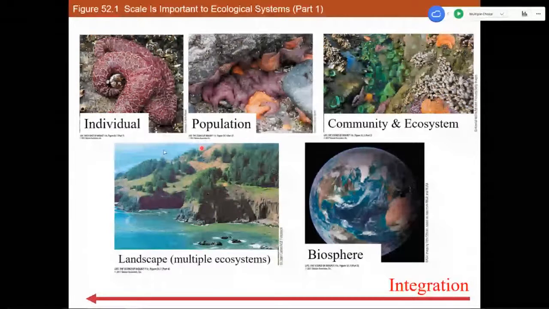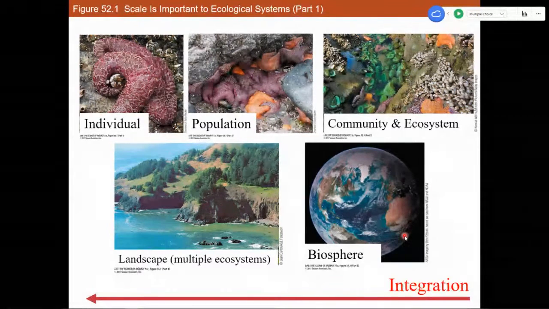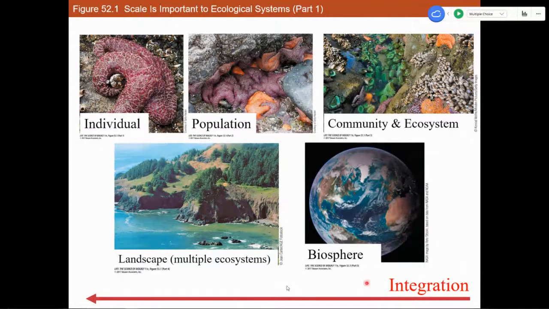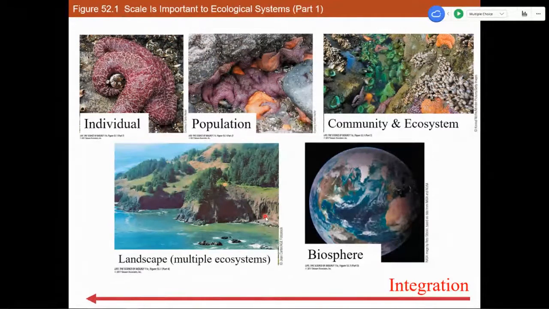But that's part of a coastal landscape where you've got some terrestrial ecosystems, a subtidal marine ecosystem, etc. Together, they make up that landscape. And at the biggest level, you can consider the biosphere, which is basically all of the ecosystems on Earth. So ecology is often looking at integration across these different scales.